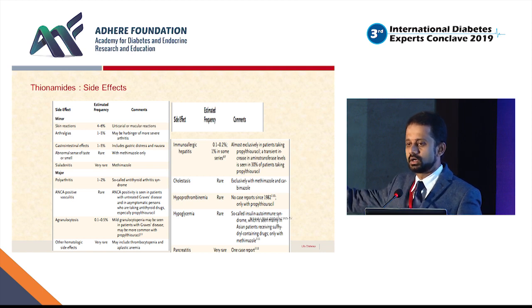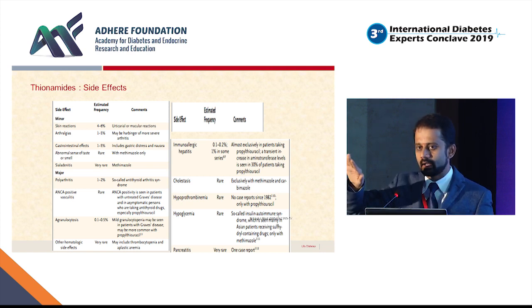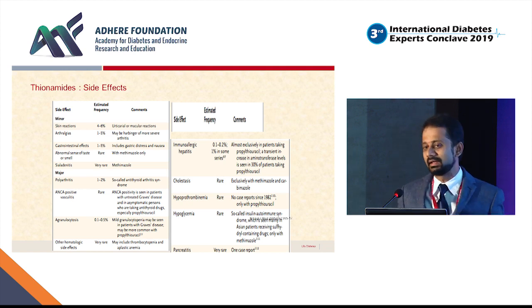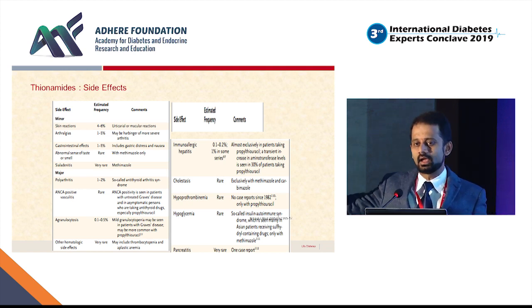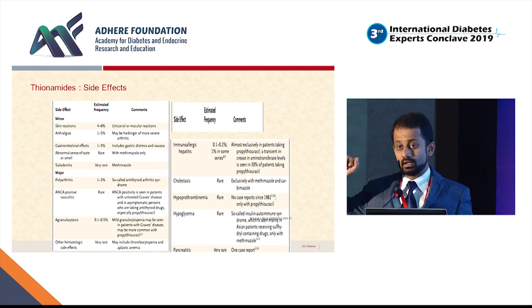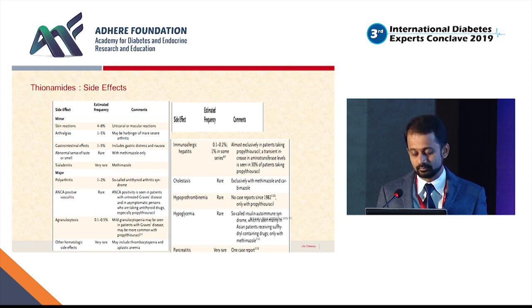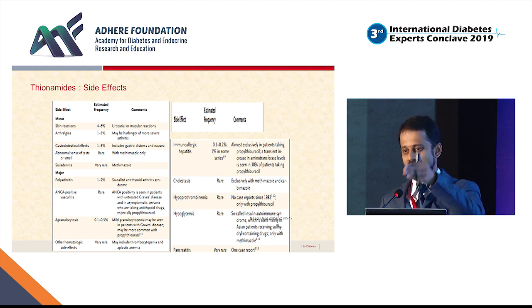You're giving an antithyroid drug, and you will typically see a midday or evening hypoglycemia because the anti-hyperglycemic drug is there along with the antithyroid drug. It will be very interesting to do a CGM and monitor these patients who have thyrotoxicosis along with diabetes.